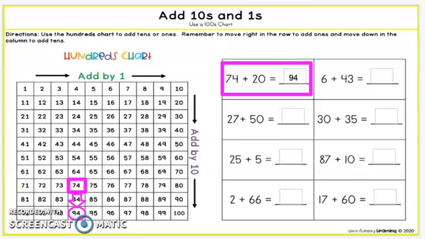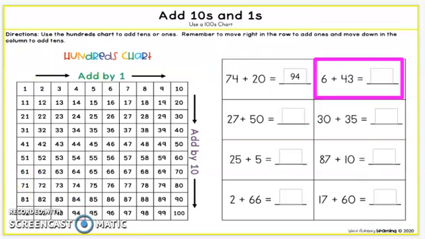All right. Let's look at another one. Now I have 6 plus 43. Which number do you think I'm going to start at? Look at that problem. Did you say 43? That's right.